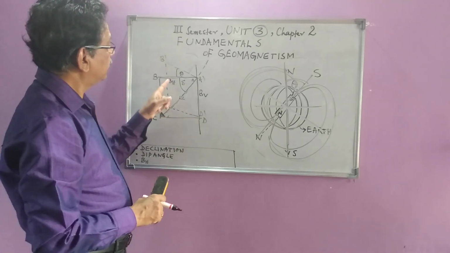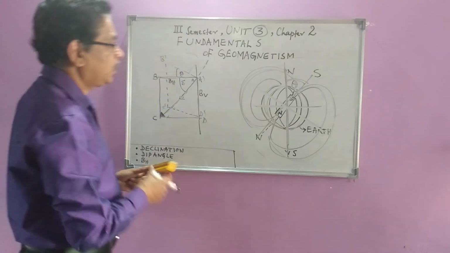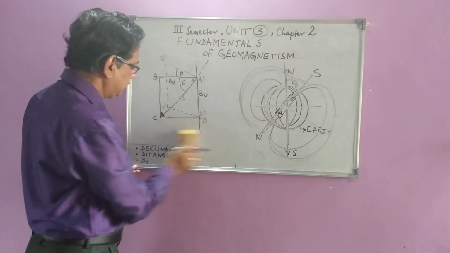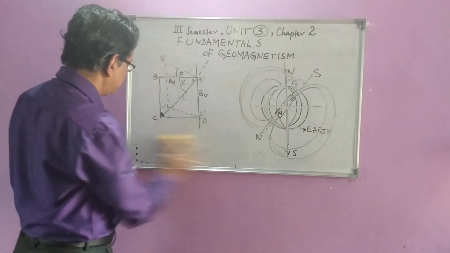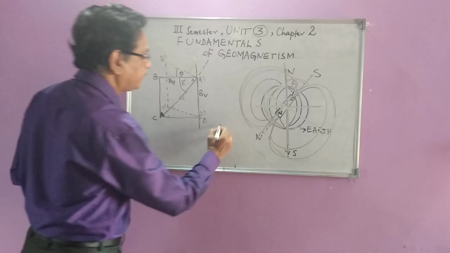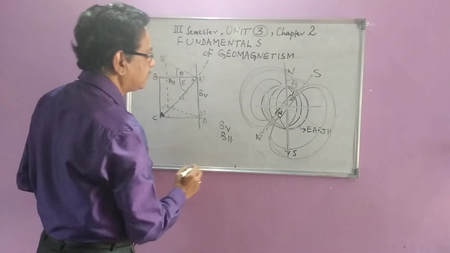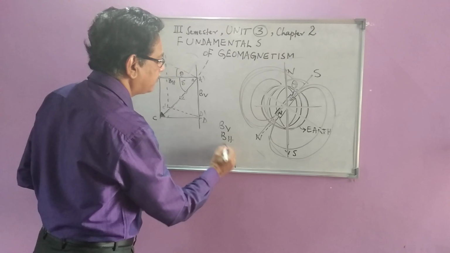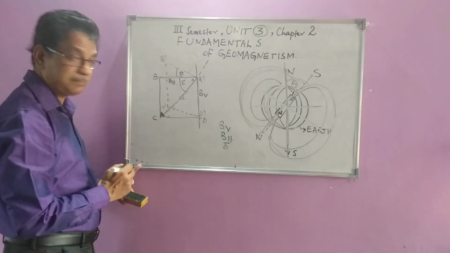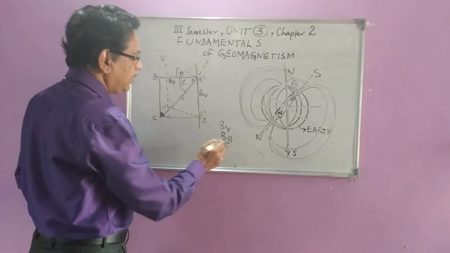Similarly, from this diagram, we can have one small relation connected to BV, the vertical component, BH, the horizontal component, and the value of delta, that is the angle of dip. How to find this?